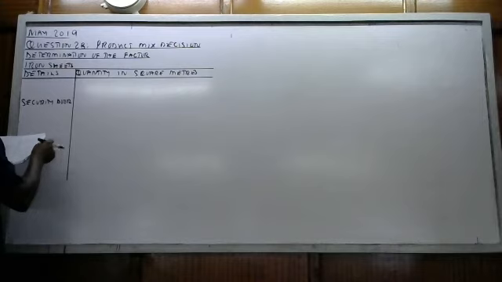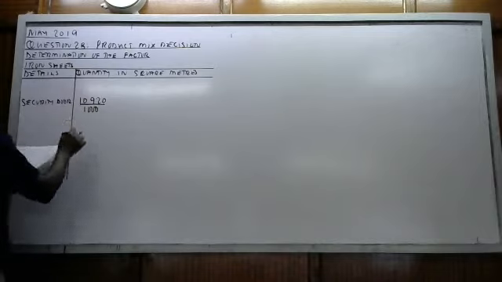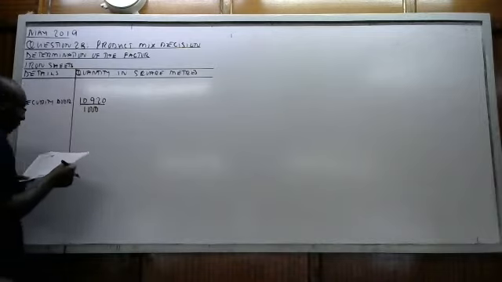It is 10,920. Sorry, we are dealing with iron sheets. So you are supposed to take 10,920. You divide by 1,000. That tells you how many meters are required by one door.